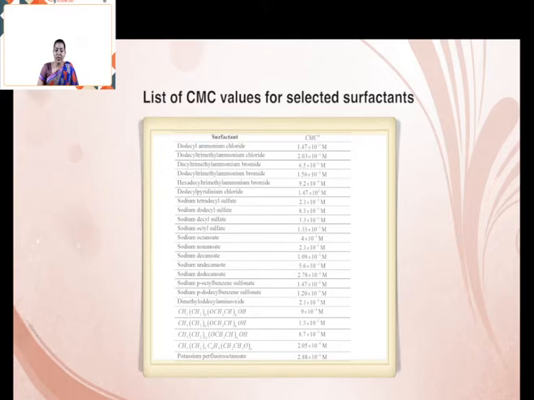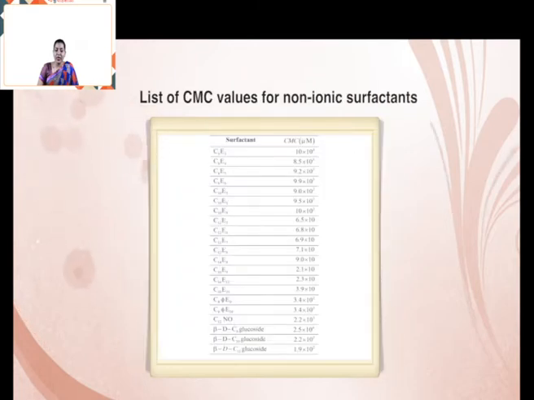And a similar list for some non-ionic surfactants is given in table 2. There are some general remarks about the variation of the CMC with the surfactant chemical structure.